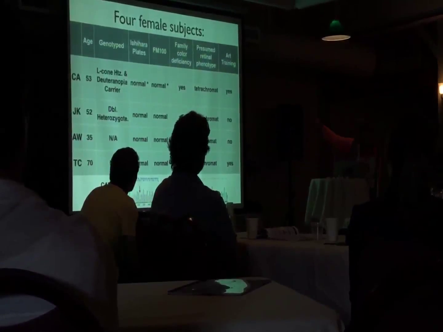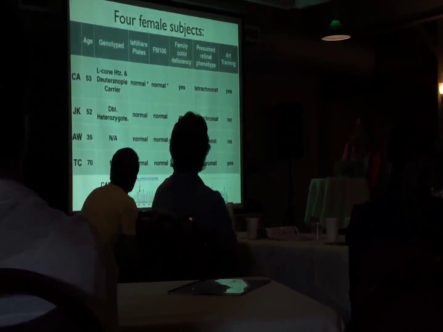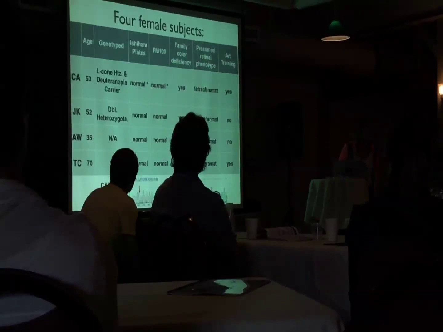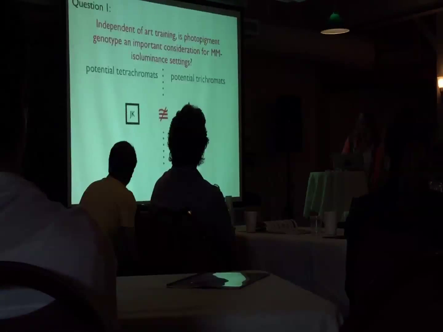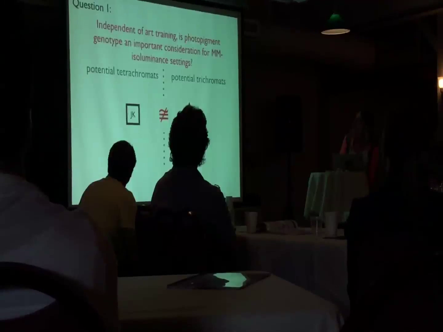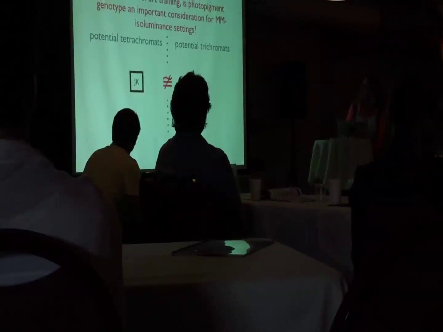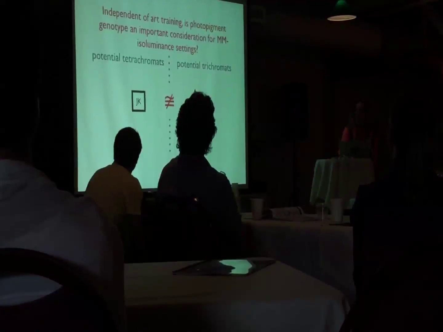They make money painting and selling their paintings. Okay. All these subjects tested normal on our standardized color vision assessment test that has no deficiencies. Okay, questions that we can ask are, for example, this kind. Independent of our training, is photopigment genotype an important consideration for MM-isoluminance settings?